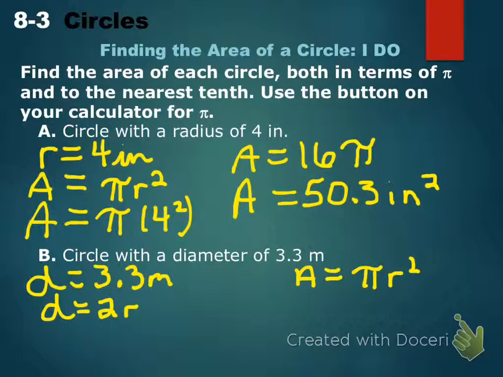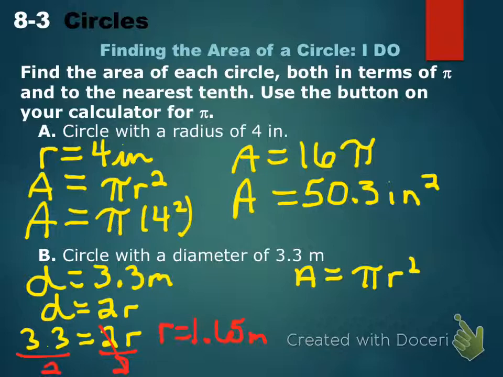Well, we know the diameter is 3.3 equals 2r. And remember, this is just like if we were solving an equation. What you're going to do is divide by 2. So you're going to get r, or our radius, is equal to 1.65. And that'd be meters.